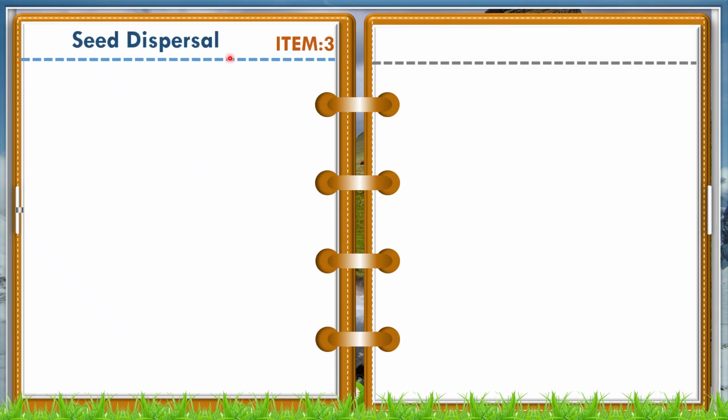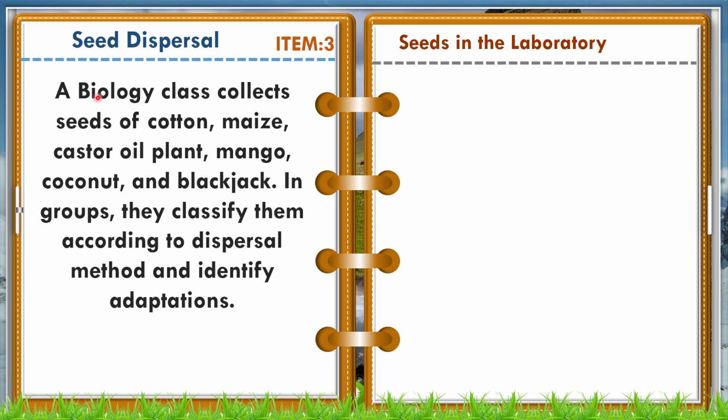Seed dispersal, item 3. Seeds in the laboratory. A biology class collects seeds of cotton, maize, castor oil plant, mango, coconut, and blackjack in groups.